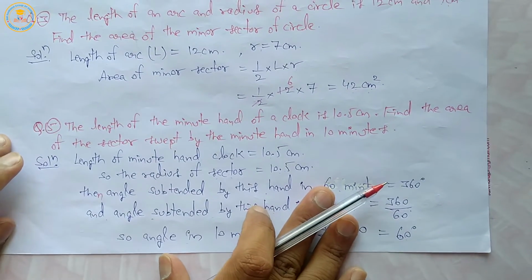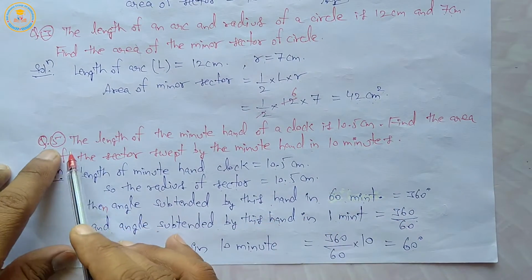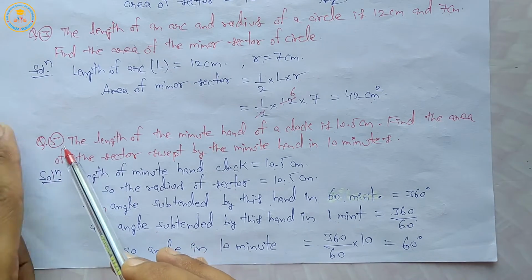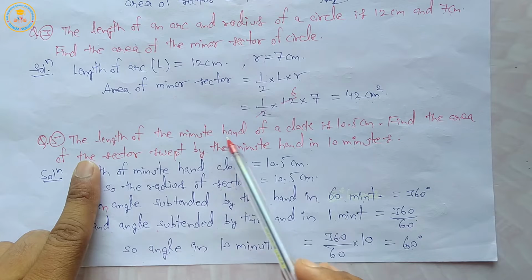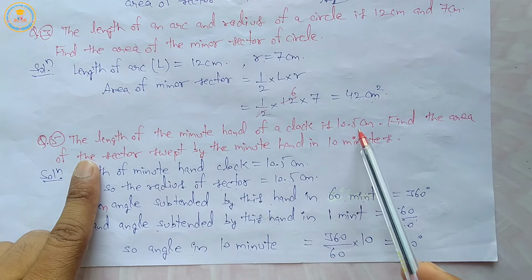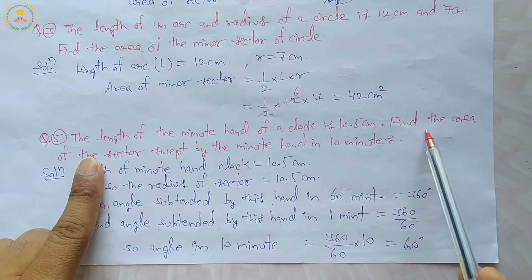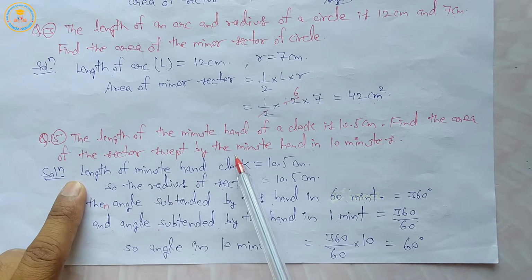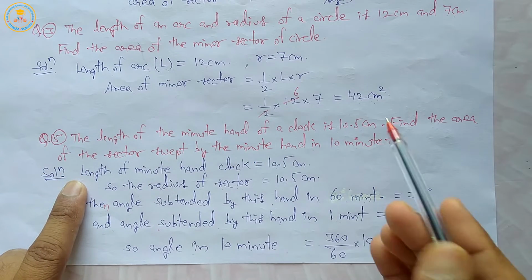Next part. The length of the minute hand of a clock is 10.5 centimeter. Find the area of the sector swept by the minute hand in 10 minutes.